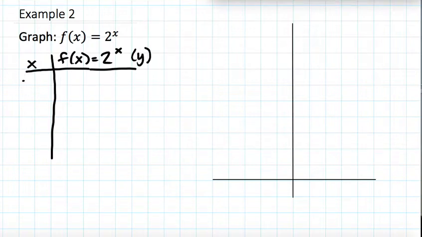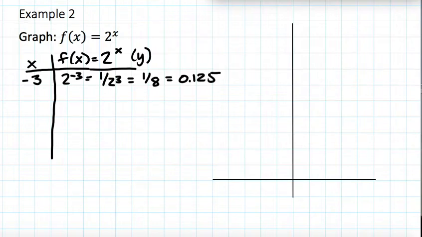So I'm going to start with -3, plug that in for x. 2 to the -3, the negative exponent flips the 2 to the 3rd to the denominator of a fraction, put 1 in the numerator, and the exponent becomes positive. And that's going to be 1/8.